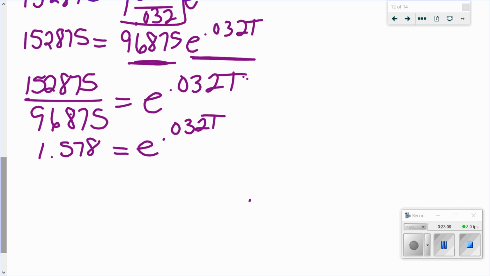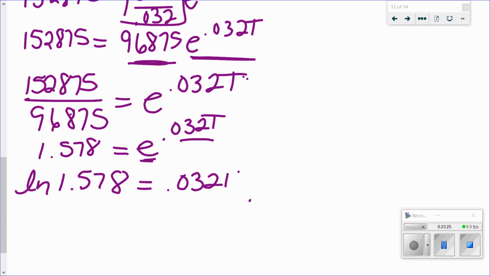Okay, how do we get rid of something with an e and bring this exponent down where we can use it? Well, we're going to take the natural log of both sides. So the natural log of 1.578, the natural log of e is going to bring this down where we can work with it. And then we're going to divide both sides by 0.032. Make sure you get the natural log of 1.578 first and divide that number that you get by 0.032.